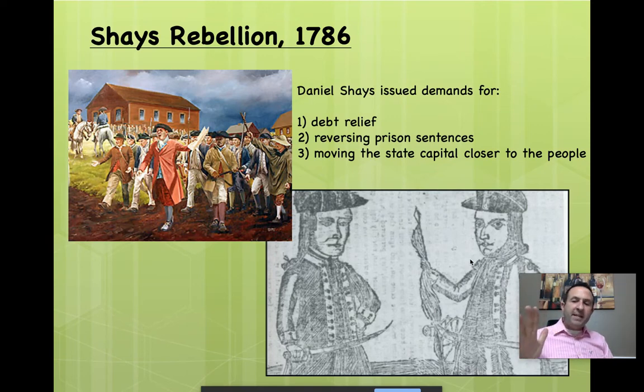He was committed to the revolutionary principles, but became very dismayed by the economic chaos that came after the war. In Hampshire County in western Massachusetts, he was joined by around 1,000 other local farmers who had been pushed to the brink of foreclosure on their property for non-payment of their debts or taxes.